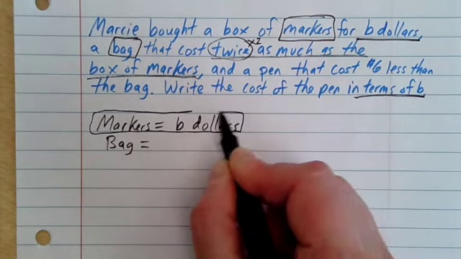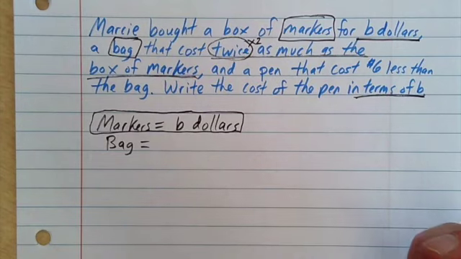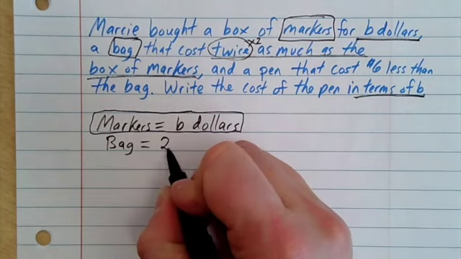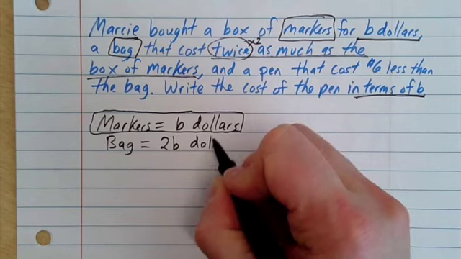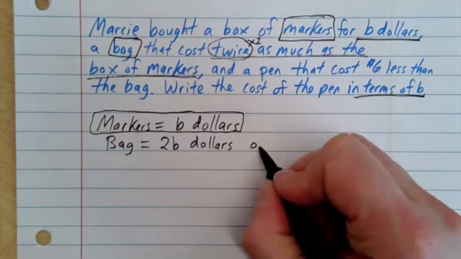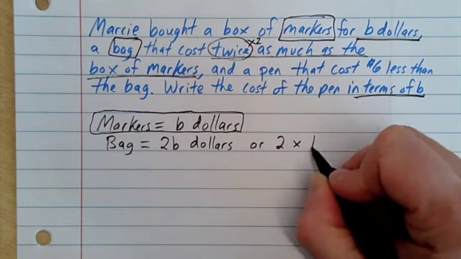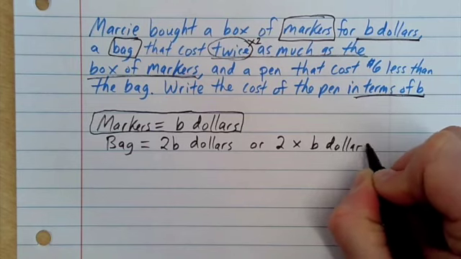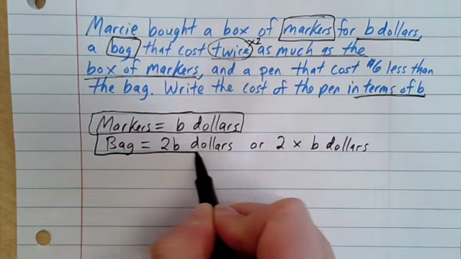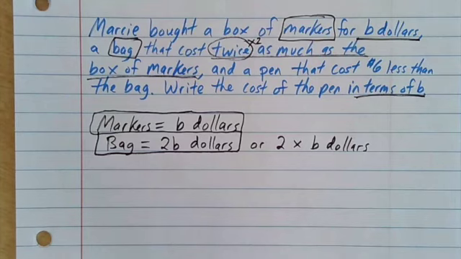So how would we take that times 2? 2 times B, right? We would just write 2B. Or sometimes you want to write 2 times B dollars. Most often you're going to see it like this, where the 2B is next to each other for multiplying.